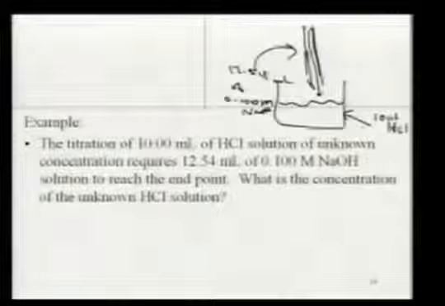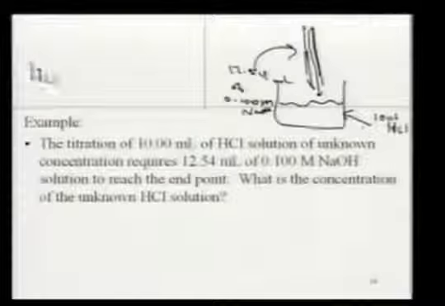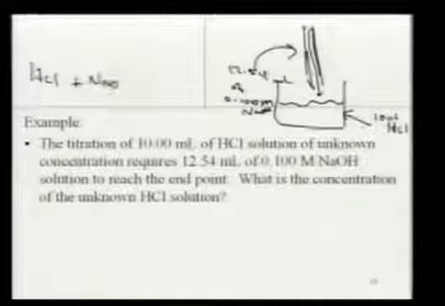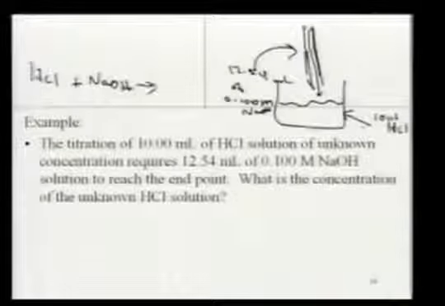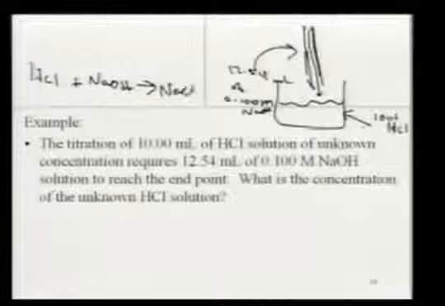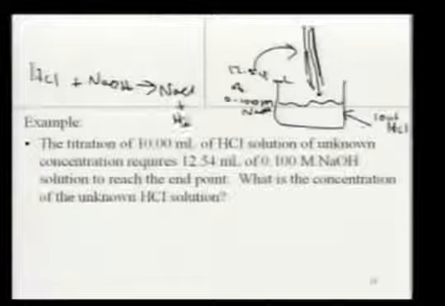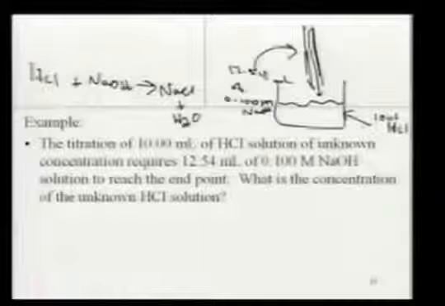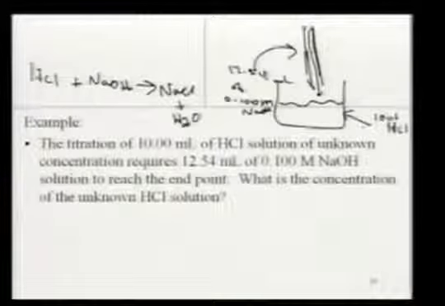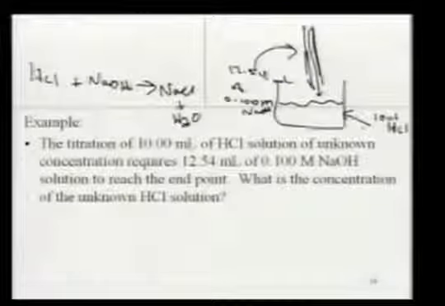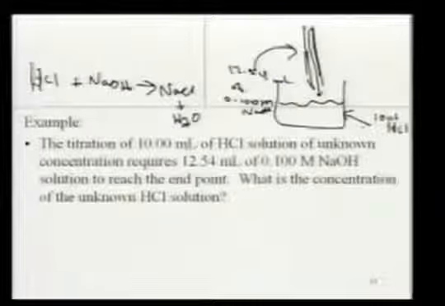If you take HCl and NaOH, what do we get? Salt and water. All right, balance it because we're going to need that stoichiometry later. Is it balanced already? It's already balanced. But always make sure.